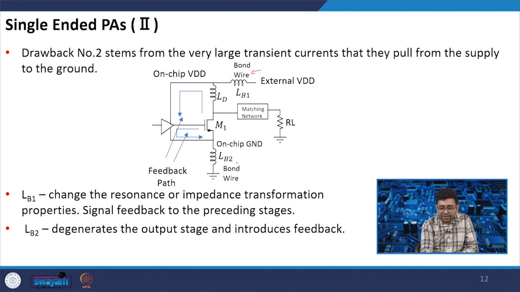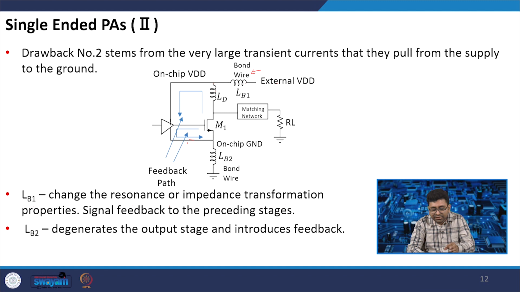Because of this inductor, there is a very large transient current that they pull from the supply to the ground, and for LB1, there is a possibility that if this inductor is of similar value to LD, it will change the resonance or impedance transformation properties, and there is a signal feedback at the preceding stages. LB2 degenerates the output stage and introduces a feedback.